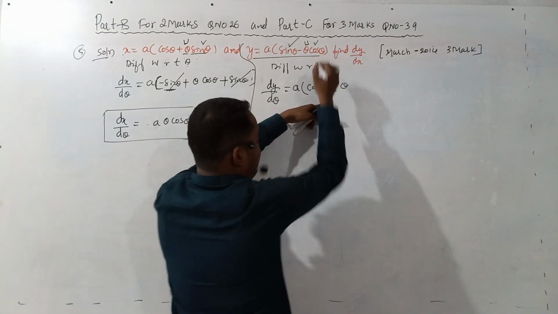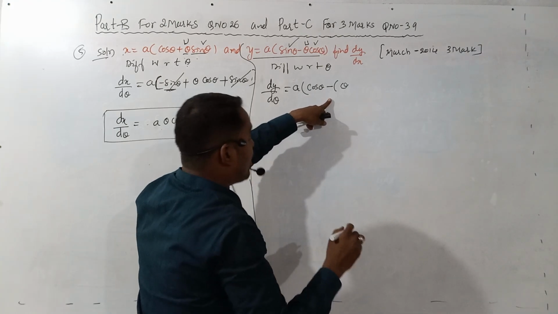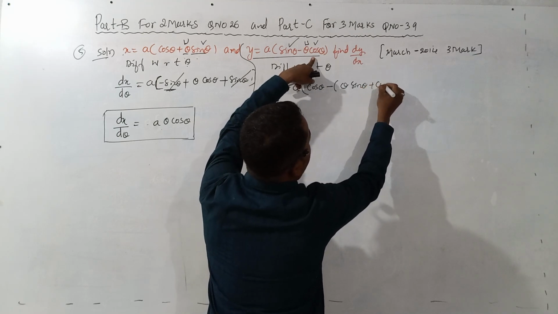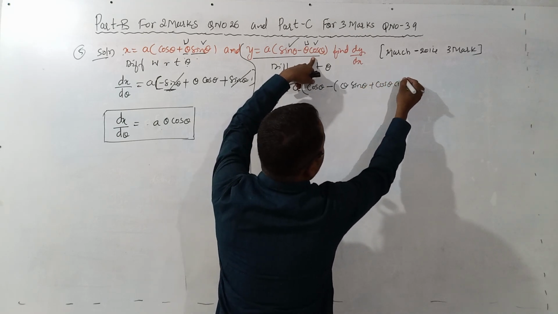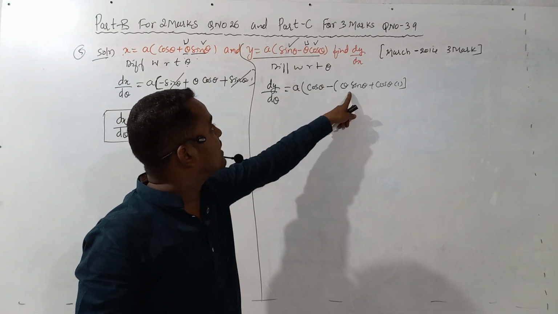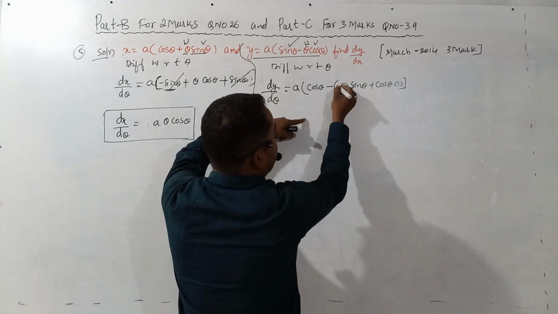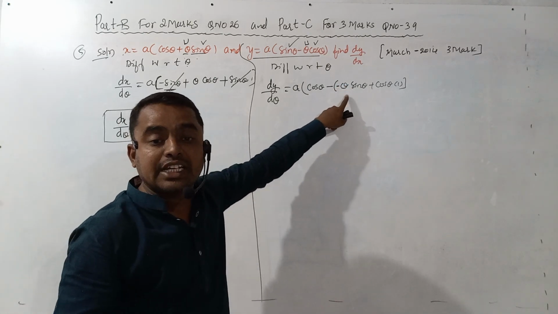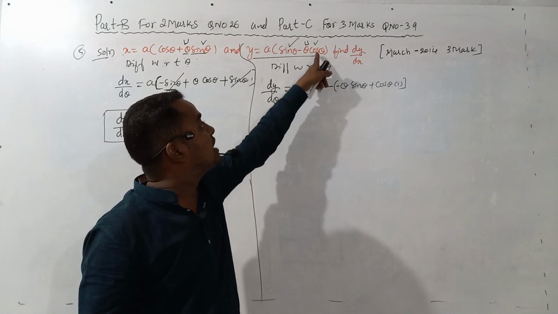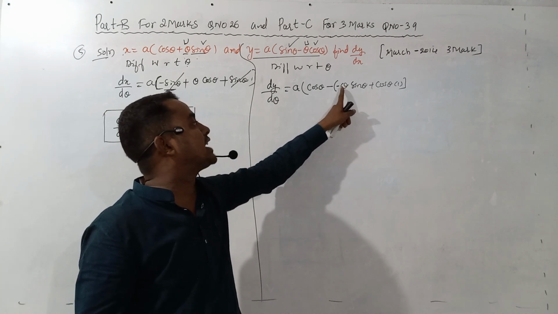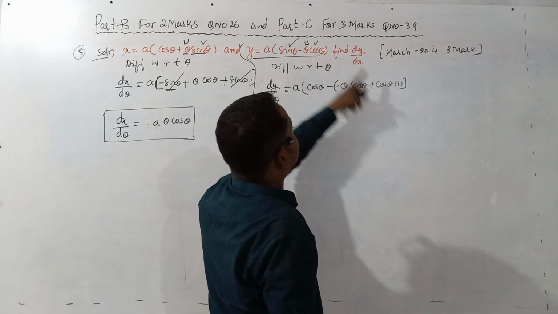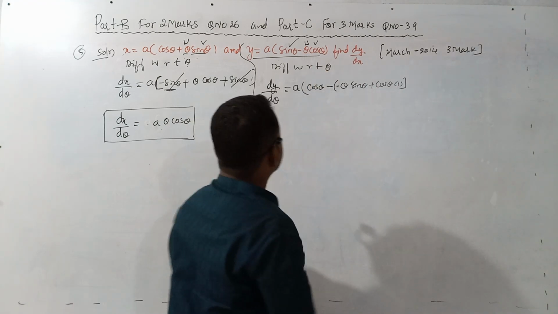Theta as it is, derivative of cos theta is minus sin theta, plus cos theta as it is, derivative of theta is 1. First theta as it is, derivative of cos is minus sin theta. That minus I am writing behind the theta, because derivative of cos is minus sin theta. Cos theta as it is, derivative of theta with respect to theta is 1. Now simplify this one.